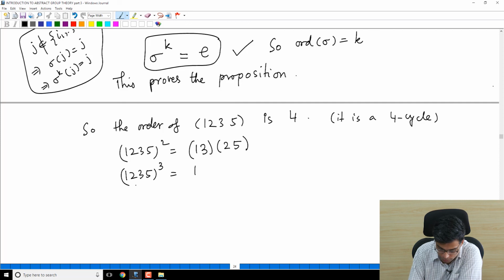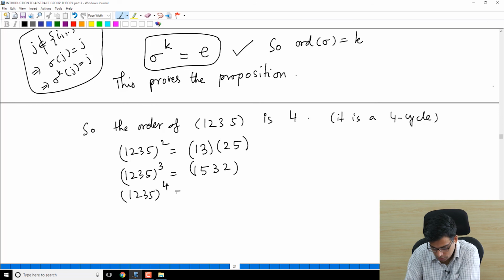Okay, what is 1, 2, 3, 5 cubed? So 1 goes to 5, 5 goes to 3 actually, and 3 goes to 2, and 1, 2, 3, 5 to the 4th is identity.